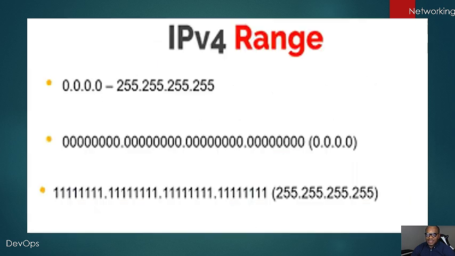Each octet ranges from 0 to 255 in decimal representation. So if you look at it, 0.0.0.0, each one there represents the binary format of each of these 0s, and these 1s represent the binary conversion of this 255.